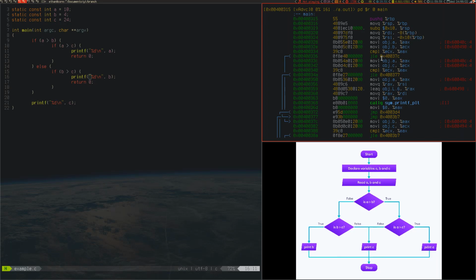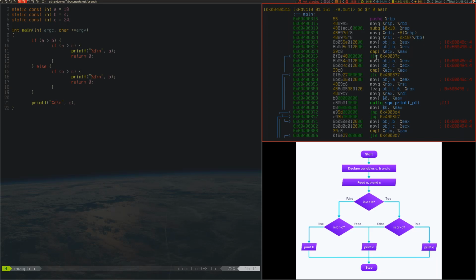What they do is the CPU checks the condition based on the compare instruction that occurred previously, and based on the operand suffix, or prefix in this case I think, of the jump instruction, the CPU will check certain flags in its flags register to see whether this compare instruction has had the effect that's needed for this jump to execute. So jump less equal to will check the negative or zero flags, I think.